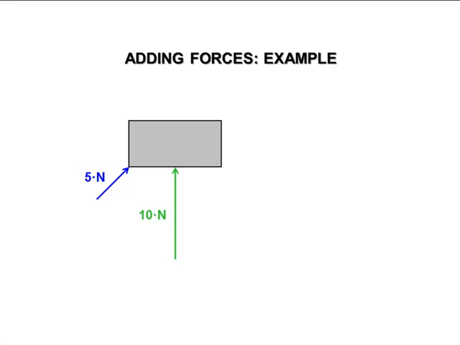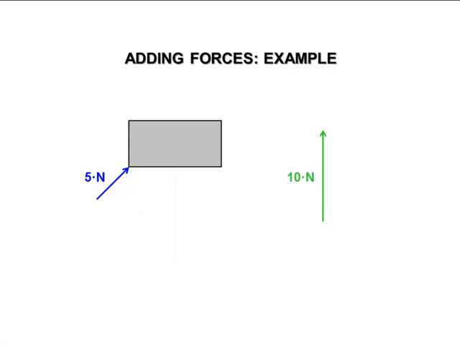So here's an example of such a situation. We have a box, and there are two forces acting on it at the same time. There's 5 newtons pushing up and to the right, and 10 newtons pushing straight up. If we wanted to know the combined effect of both of these forces on the box, we would have to add them together to get the net force. So remember how we add vectors. We have to draw them one after another, making a chain of vectors.